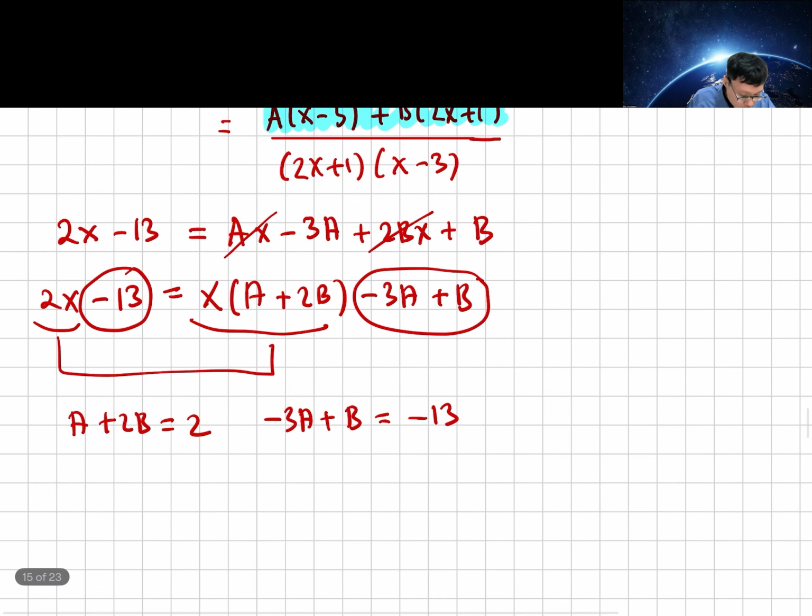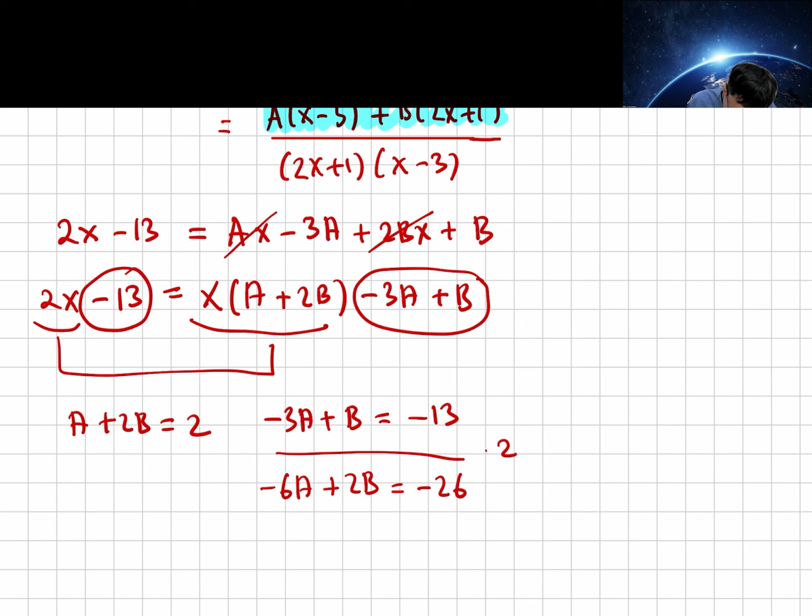From here, we can do elimination. Let's multiply this by 2. So you get minus 6A plus 2B equals minus 26. And we subtract with this, A plus 2B equals 2.